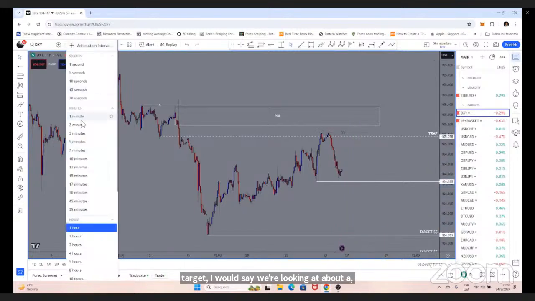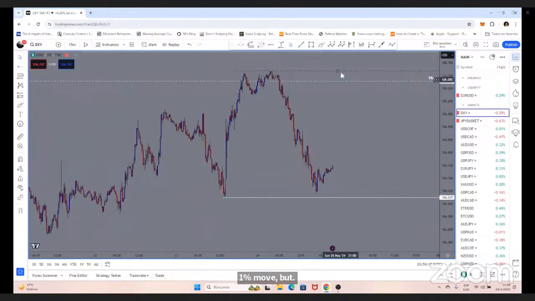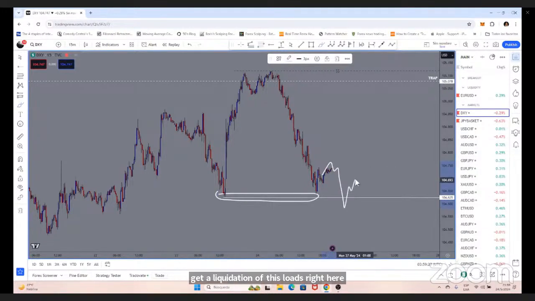1% move. But if we go to a 15-minute chart, right, at the open, if we get a liquidation of these lows right here, what Julian calls a price failure, I will most definitely look for longs towards these equal highs, right?